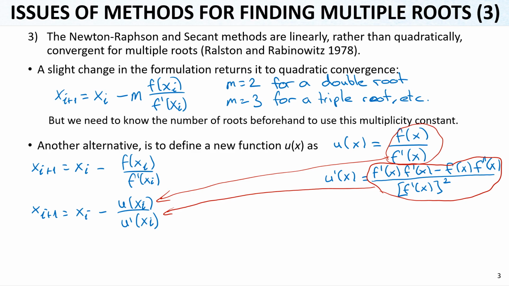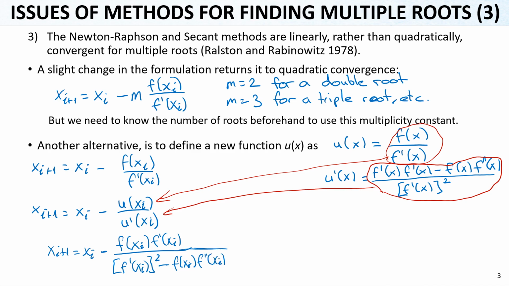If we substitute them, then xi+1 equals xi minus f(xi) f'(xi) divided by f'(xi) squared minus f(xi) f''(xi).